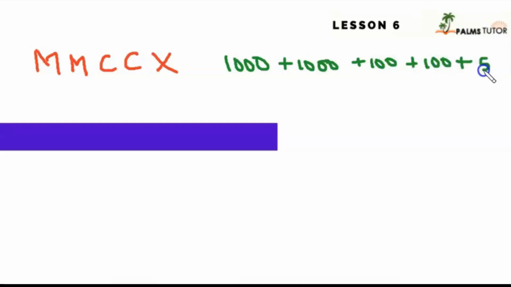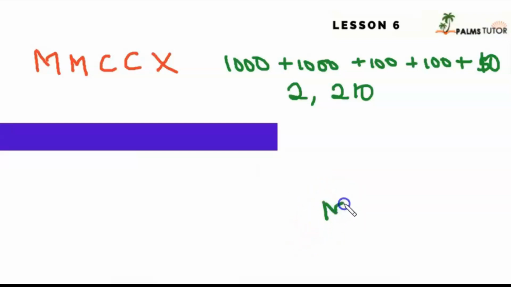As you practice this, you'll get so conversant with it that you don't even need to write, because I already know that M and M is 2,000, then 200. Say it in words. Then you have 2,200 and X is 10. 2,210. Right?